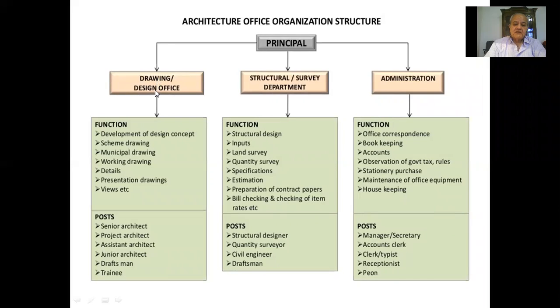This is the architectural design team that develops the design and concept design, working drawings, construction documents, and so forth. You can have senior architects, project architect, assistant architect, junior architect, draftsman, trainee. Someone you expect to start as a junior architect in an office and get your way up in the ladder.